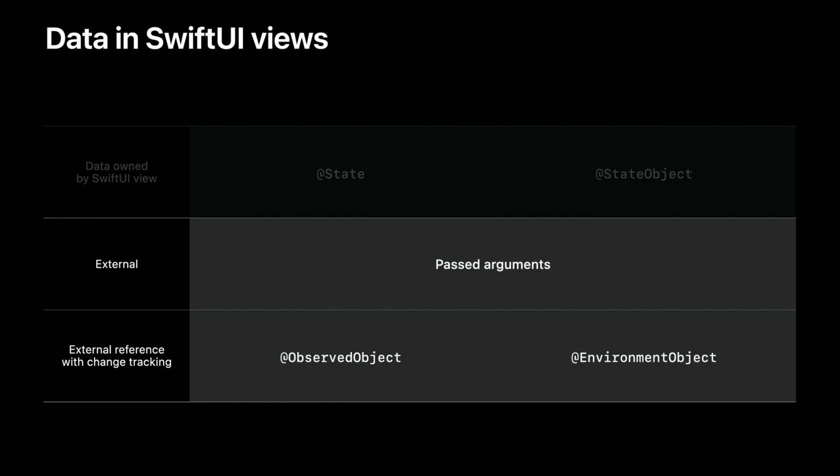When you use these property wrappers, SwiftUI automatically updates your view when the data changes. We're going to focus on the observed object property wrapper in this video, but you can learn more about environment object in the Data Essentials in SwiftUI video mentioned earlier.